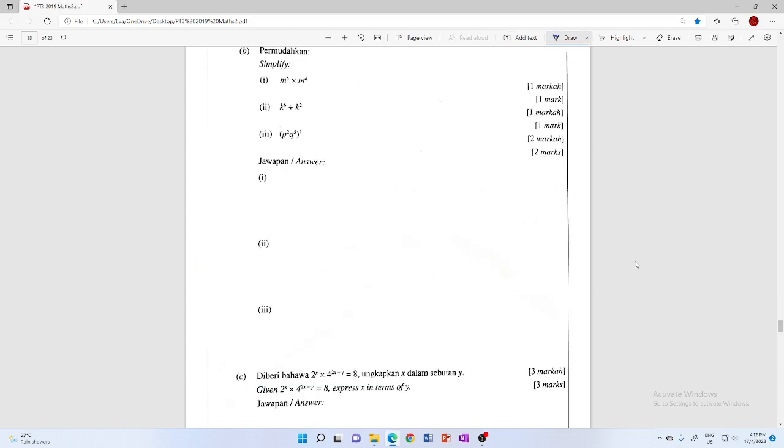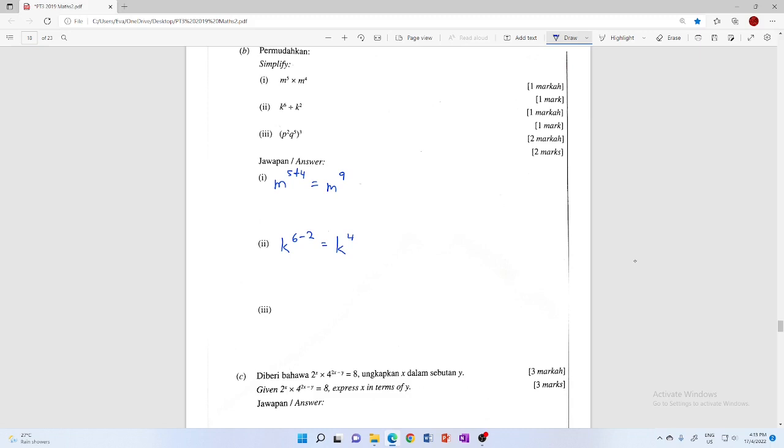Question B. Simplify this index. When m to the power 5 is multiplied by m to the power 4, we need to add up 5 plus 4, equals m to the power 9. But it is divided, so we need to minus: x to the power of 6 minus 2 equals k to the power 4.